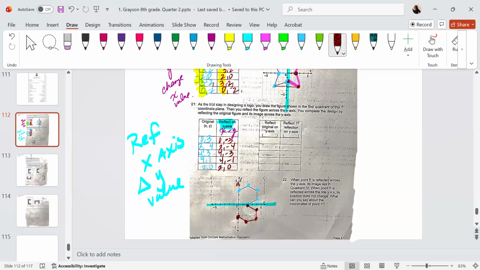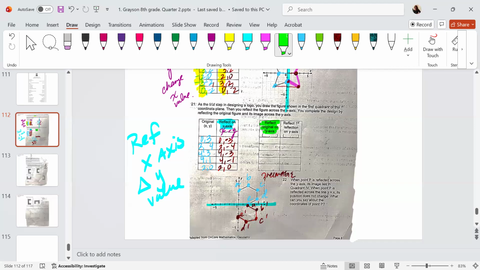So if you want to do A, you want to label it as A, B, C, D, E. That's your pre-image, correct? Your image is A prime, B prime, C prime, D prime, E prime. Do you see that? Okay. Then we are going to reflect the original on the y-axis.